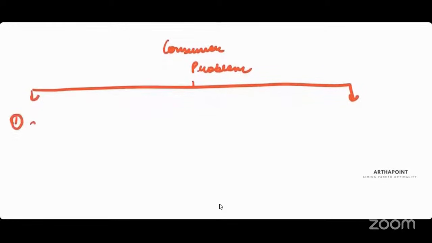Either you can maximize your utility subject to budget constraint. This is what we do. From here we find X star, Y star.